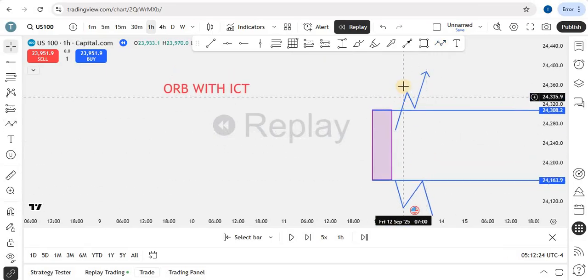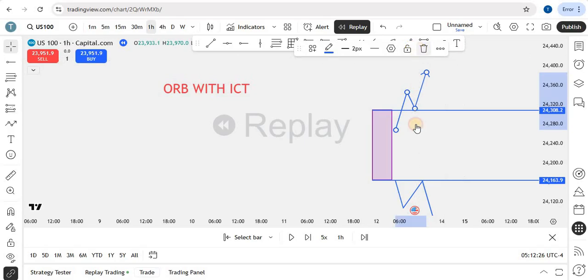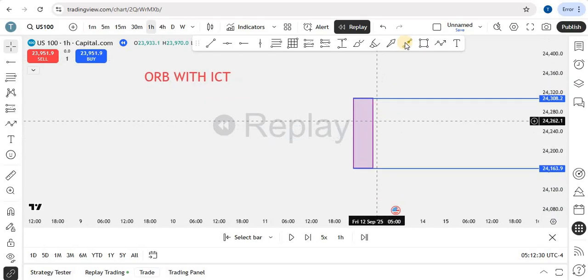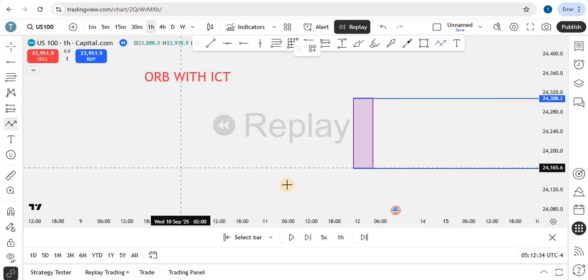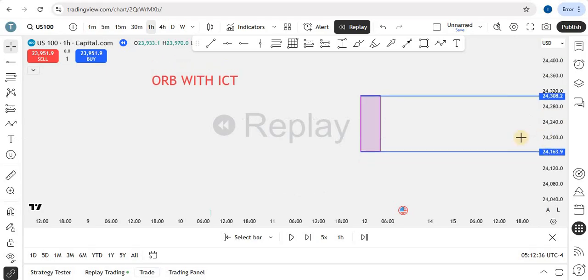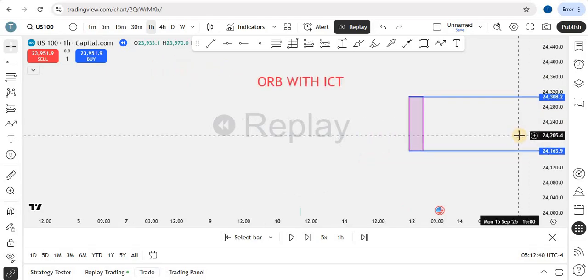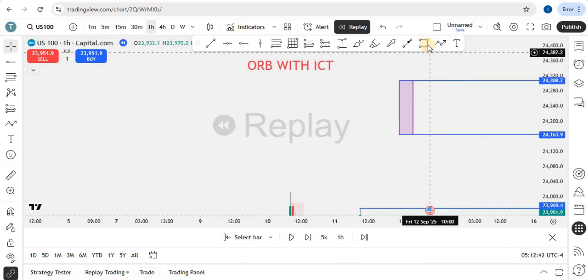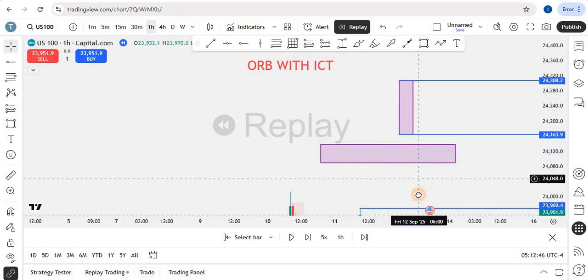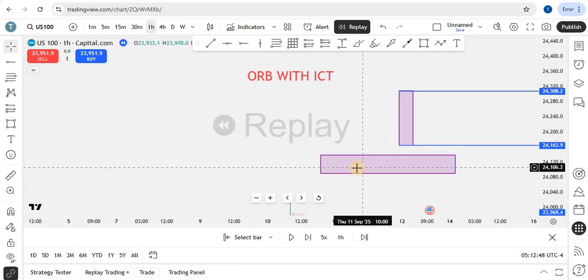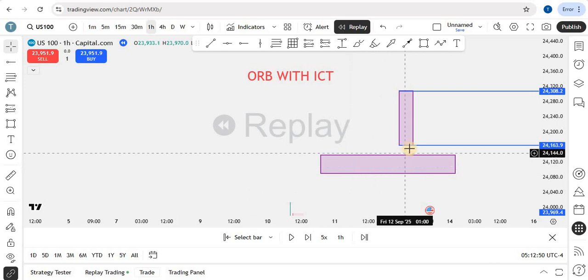Okay, so what we are going to do, we are adding ICT concept with that. If we are bullish, we will see a higher time frame confluence with that, where the ICT plays the role. Like we have to see if we are bullish, price has this fair value gap.